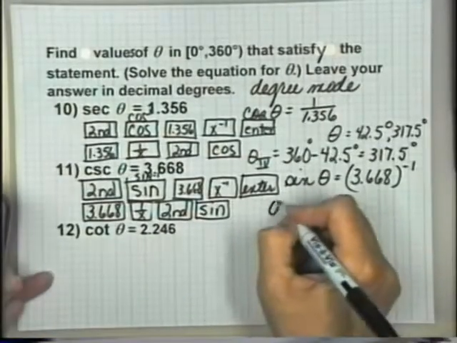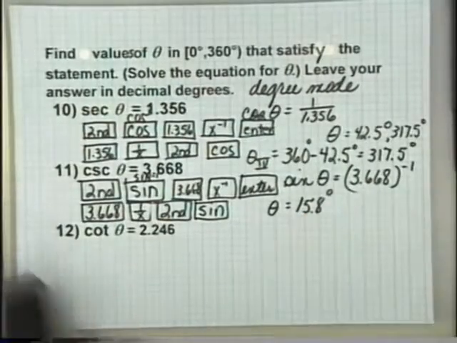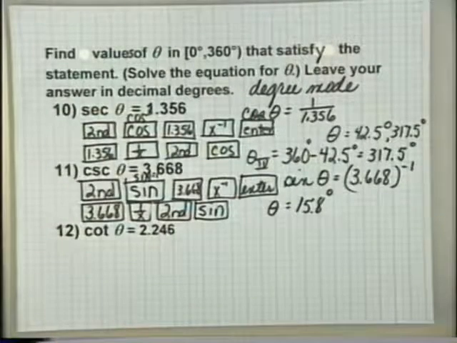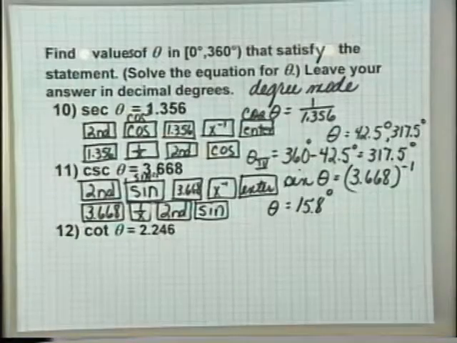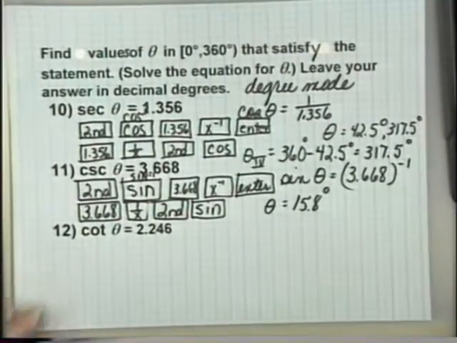Rounding, we get theta equals 15.8 degrees. So it doesn't matter which calculator you used. You should get that value for theta.